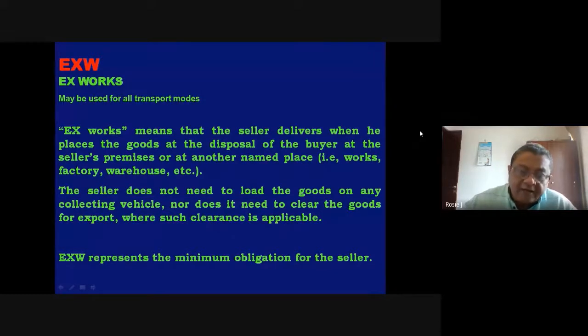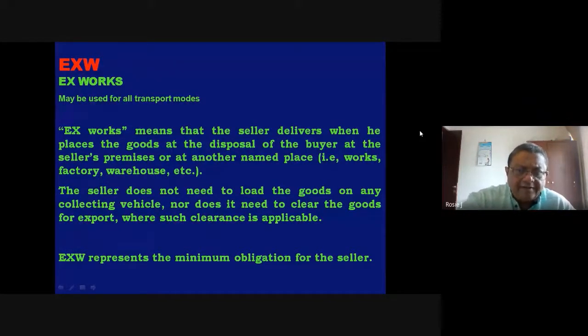While loading, if the goods fall, it is the responsibility of the importer, because the delivery point for the exporter in EXW is this warehouse. Even loading on the truck in the exporter's warehouse to be taken to Colombo and put on the ship is the importer's responsibility, because the delivery point is finished at the exporter's warehouse in this term, not in Riyadh.